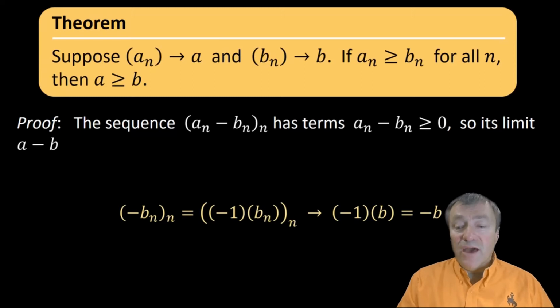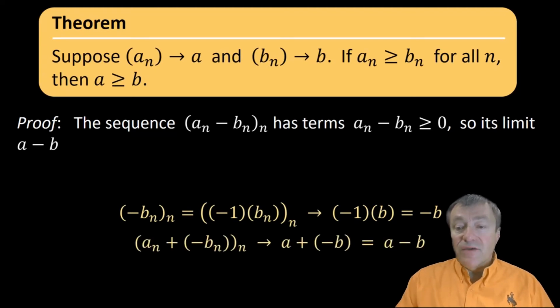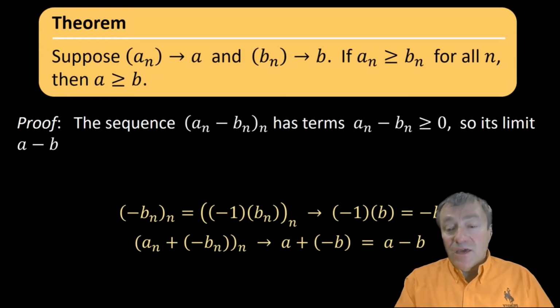If we multiply that sequence term-wise by the sequence of b_n's, we get a sequence of minus b_n's by the earlier result. The sequence converges, and for its limit, you just multiply -1 times b and get minus b. Now the sequence of a_n minus b_n is just a sum. It's a sum of two sequences with terms a_n and negative b_n. So you just add their limits, and you get a minus b.